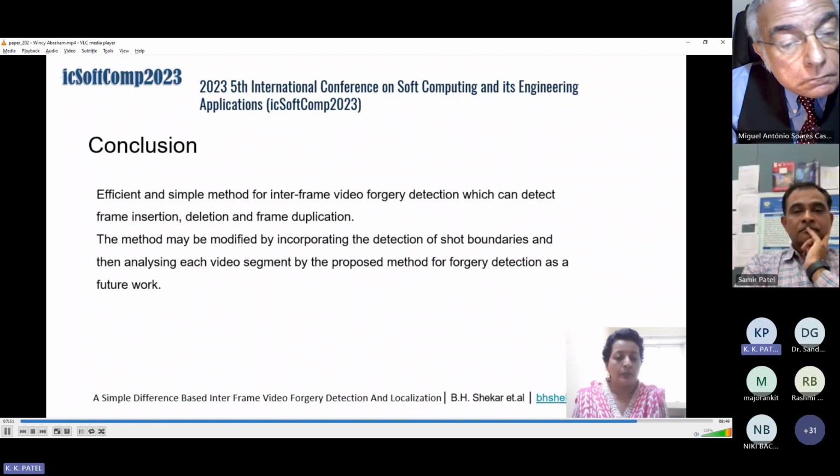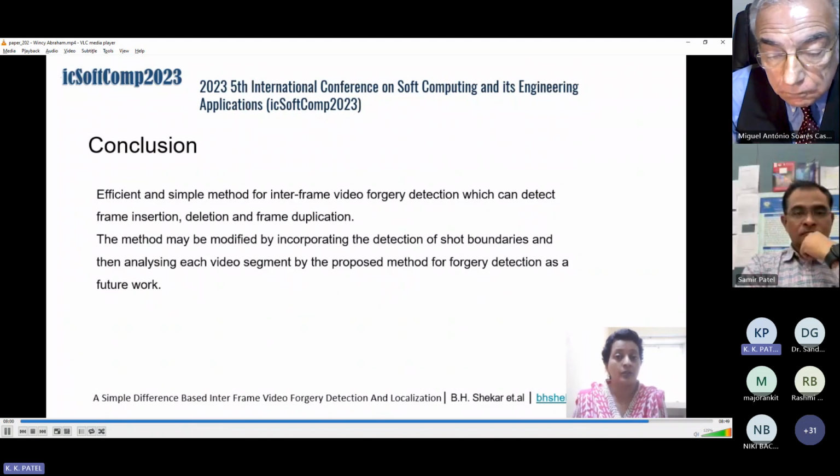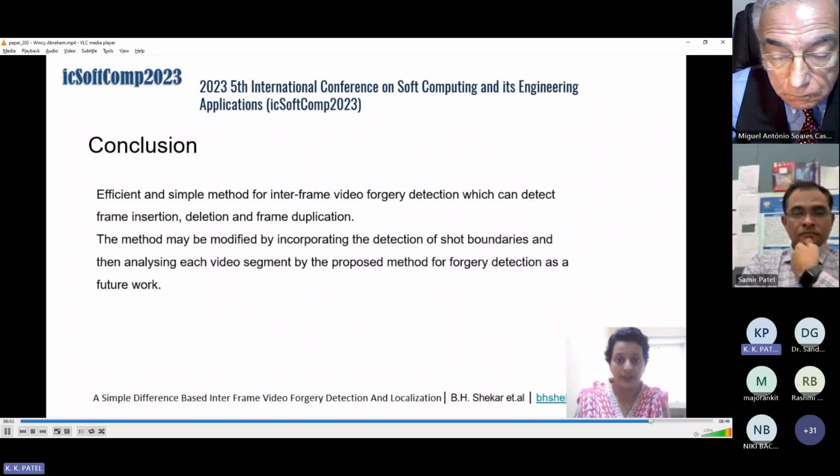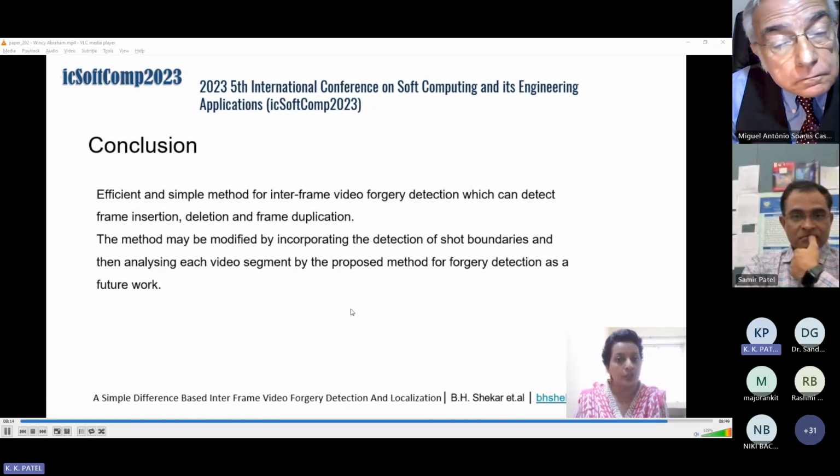It can be modified by incorporating detection of shot boundaries and then analyzing each video segment. When there are shot boundaries, they may also cause spikes in the differences. In an ordinary video, the video consists of many shots.